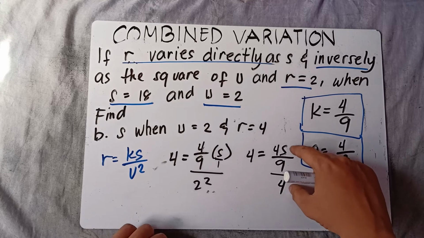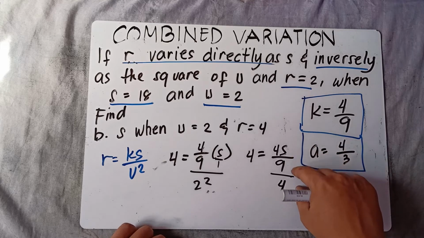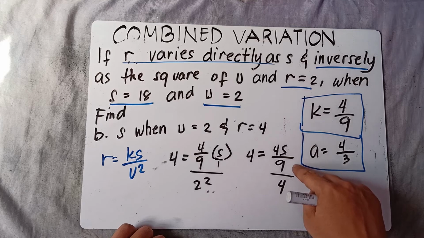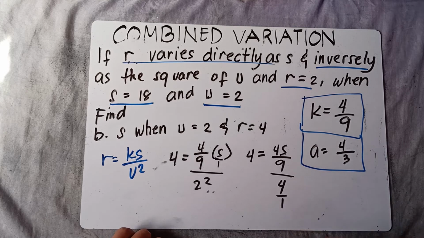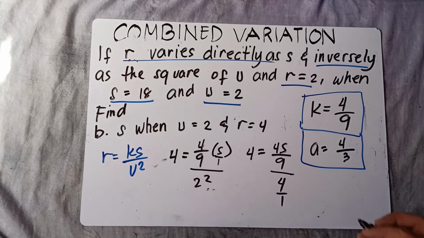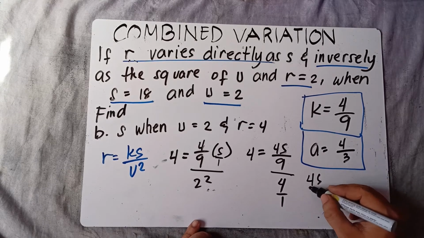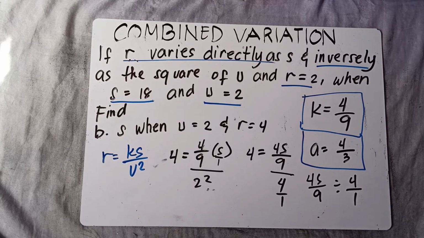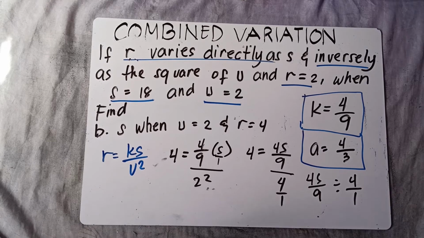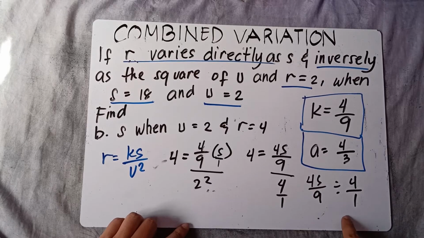Now simplify this first. 4S over 9 divided by 4. Understood, 4 here has 1 as the denominator. So this is 4S over 9 divided by 4 over 1. When you divide a fraction, you need to get the reciprocal.